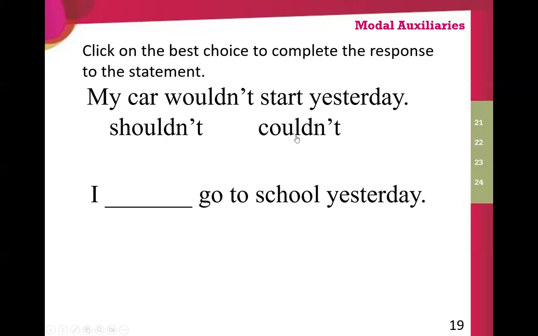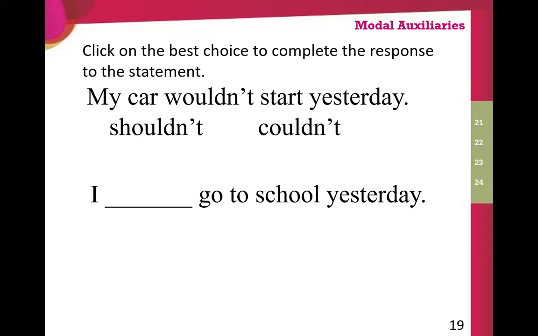Yes, that's right, because it gives the meaning of what? The car wasn't working. I'm asking about couldn't here in this sentence. No, it's ability in the past, not can't. Can't is the ability at the moment, right now. So I cannot go to school right now.